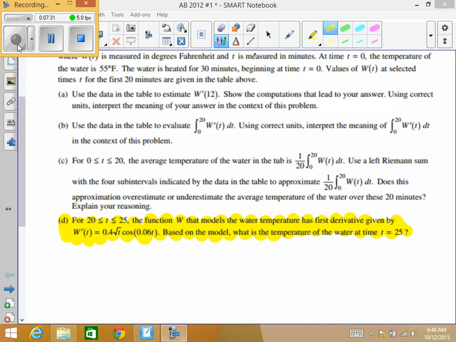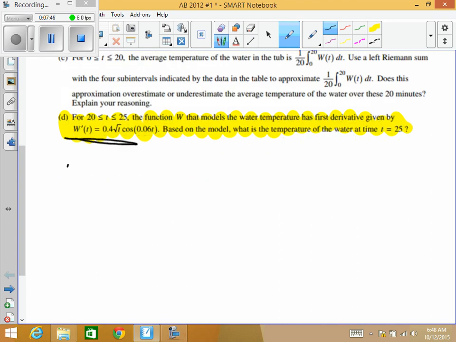Part D tells us an equation that works for W prime starting at 20, which goes beyond our table. It's asking us what the temperature is at time t equals 25. Well, that would be whatever the temperature was at 20, plus the change in temperature starting at 20, going to 25, of W prime t.